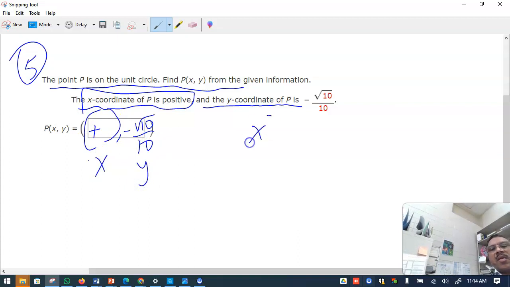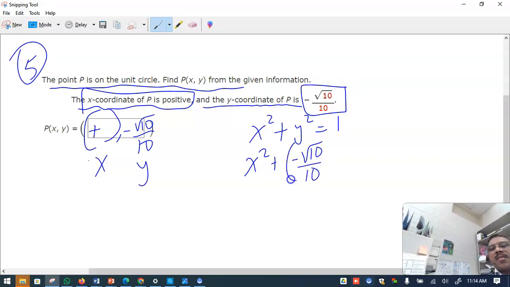I use the same trick, x squared plus y squared equals 1. And x we do not know. This is the y, negative root 10 divided by 10, and you have to square it. So a little work there: square root of 10 times square root of 10 is just 10. The minus sign vanishes, 10 over 100.